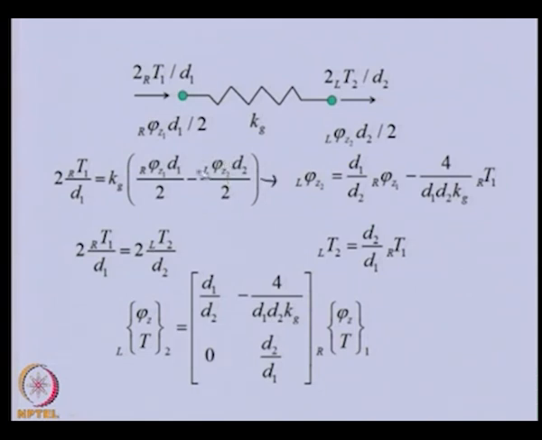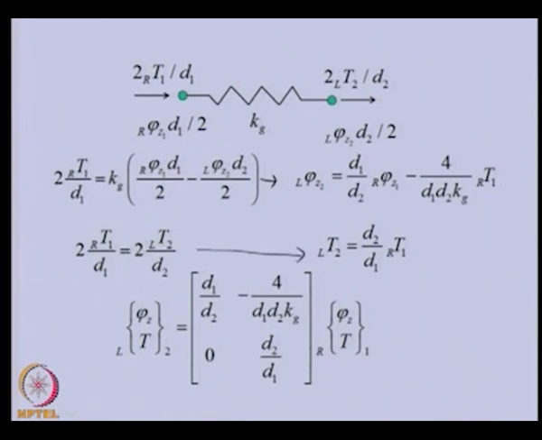We have written phi z2 left of that, and all the other terms I have taken to this side. Apart from this, because there is no other force in between, the forces at the two ends should be the same. So the two forces are the same at the two ends, and we have written this in this form.